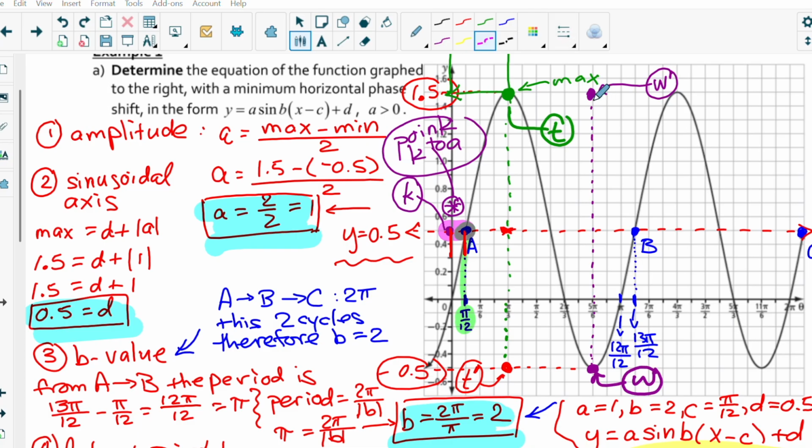Okay, so when I draw this, this is what it will look like.